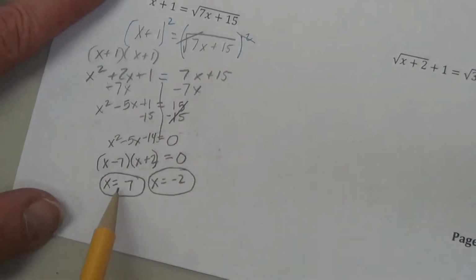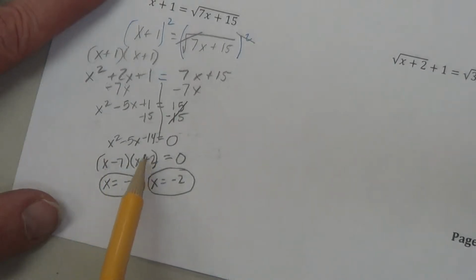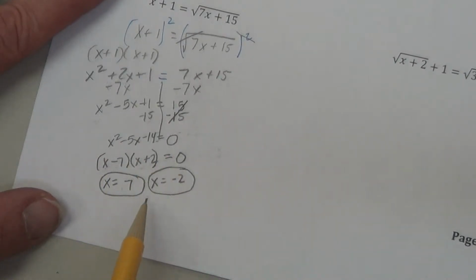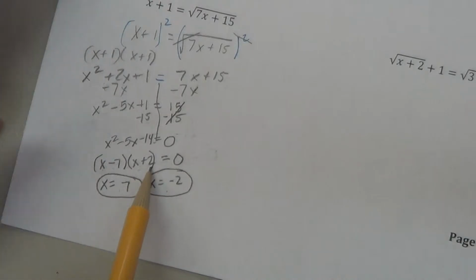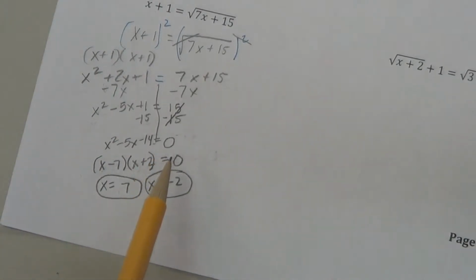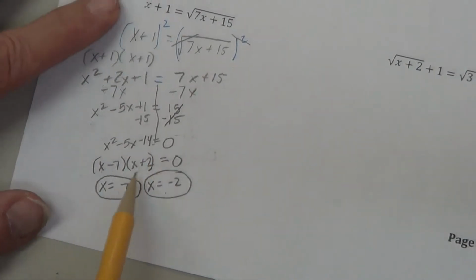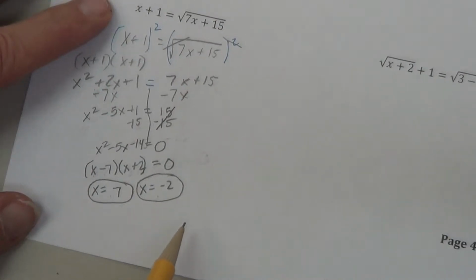Because when x is 7, 7 minus 7 is 0, and then that 0 times whatever this is would equal 0, or negative 2 plus 2 is 0, and that 0 would make the whole thing equal to 0.